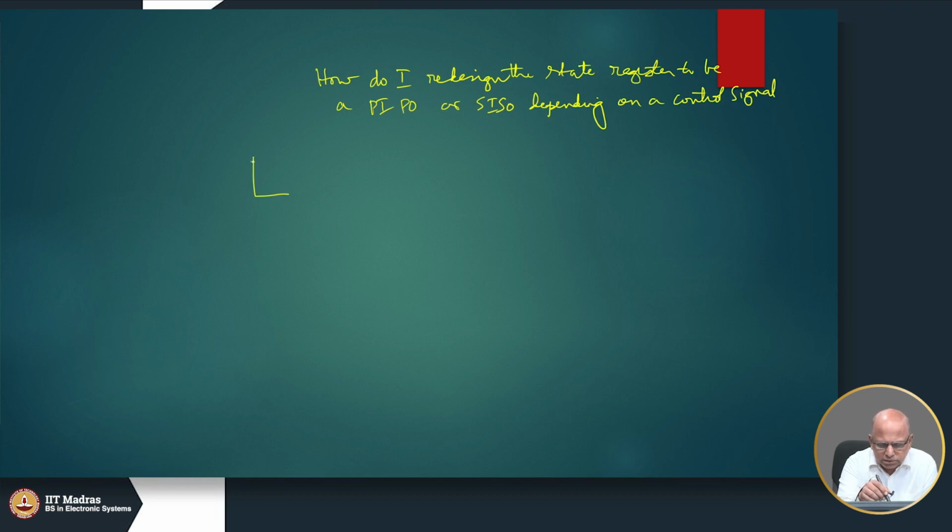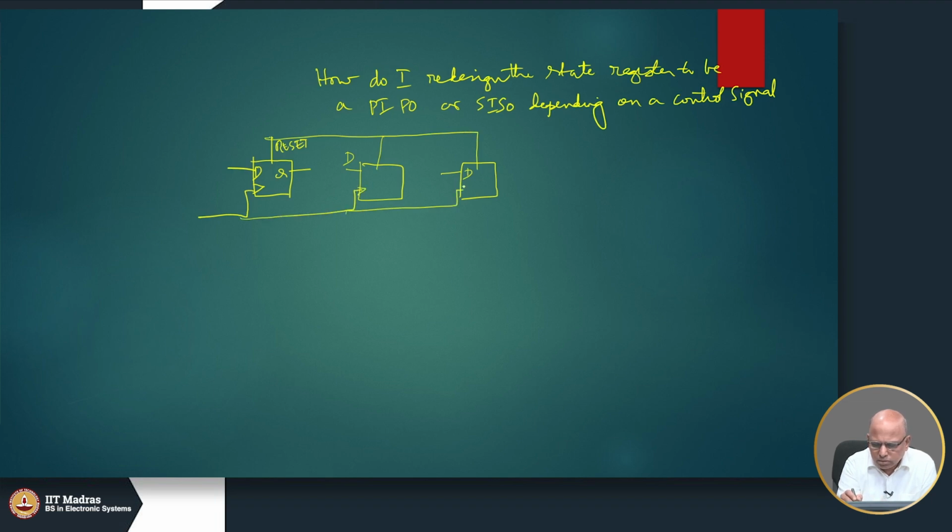So, remember how we designed a register, right? We took a D flip flop, we had a clock and a reset, D and Q. So, we took a lot of these guys, the reset was connected everywhere and the clock was connected everywhere, and maybe we called it D2, Q2, D1, Q1 and D0, Q0.